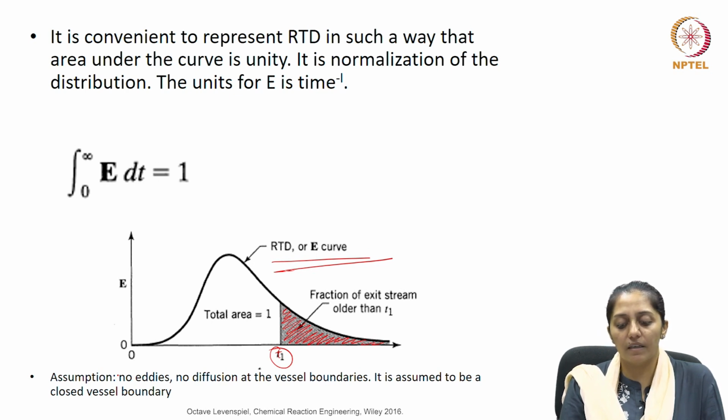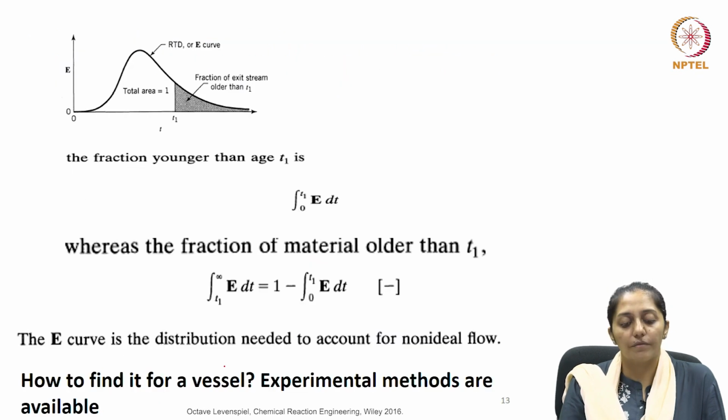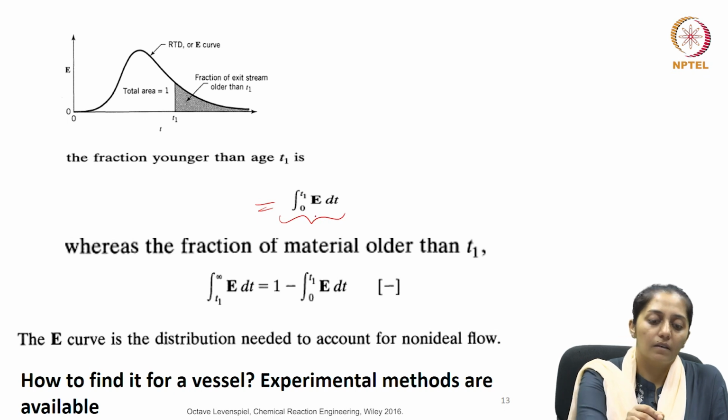So, using the E curve, one can determine the fraction of the exit stream older than a particular time or age. The fraction younger than age t1 can be given in terms of the integral from 0 to t1 of E dt, the portion shown in white color here.